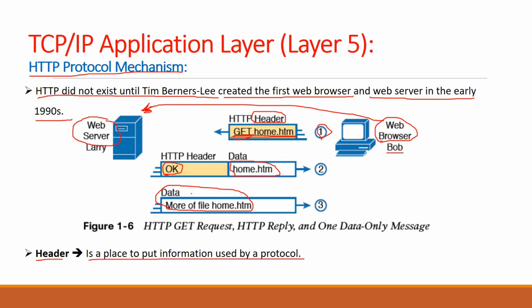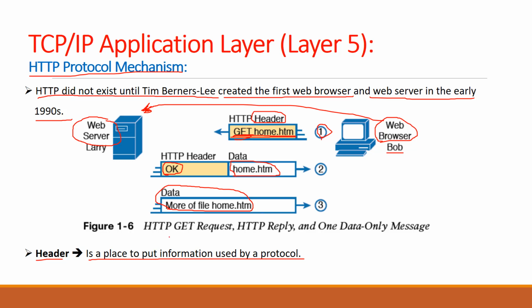The data will be sent in parts because maybe the file is big, so it will be segmented and sent to Bob. And steps 3 and 4 can still be the data, more information about the data.